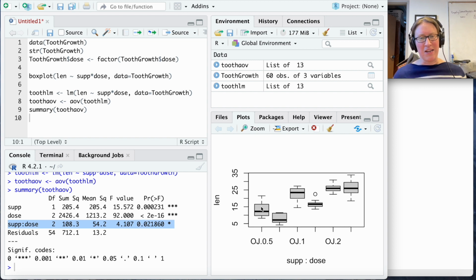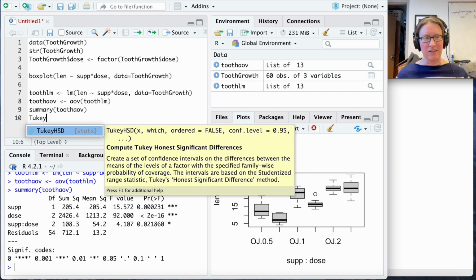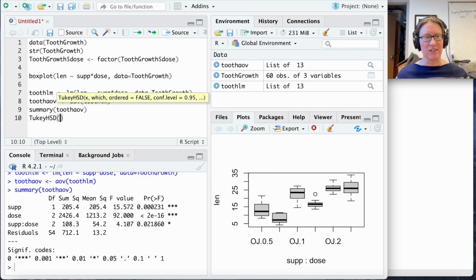So the dosage and the form both interact to determine how much tooth growth is observed in the guinea pigs, right? So at this stage, I'm going to make a mental note that overall there's a significant interaction effect. And so the next step I'd want to conduct with this data set would be to carry out a post hoc analysis. I'm just going to use TukeyHSD on tooth_aov, right?